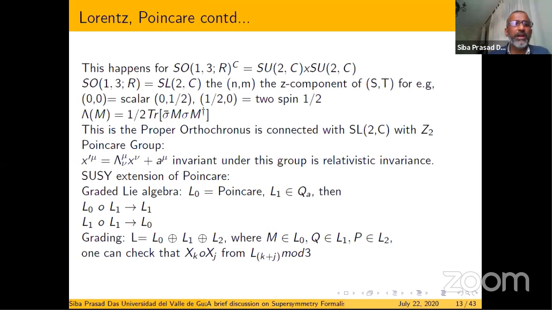For example, whenever I talk about 0, 0, that means the Z component of the projection of N and M gives me the scalar representation of my particle content. If it is 0, half or half, 0, that gives me the spin half, because you remember that I started with the chiral fermion. So either it is a left projection or it is a right projection. That corresponds to the value of N and M of the corresponding generator of the SL(2,C). So that's the connection. Probably you understood that whenever I write lambda, which is the generator of the Lorentz group, and M is the matrix form.